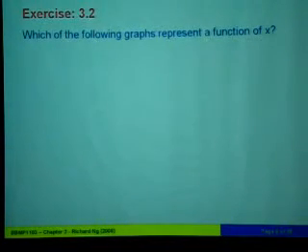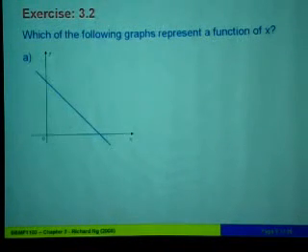Okay? Now let's look at exercise 3.2 in your module. The question says, which of the following graphs represent a function of x? Alright? So the first graph is given as this. So what you need to do is to plot some of the inputs and see how the output is.